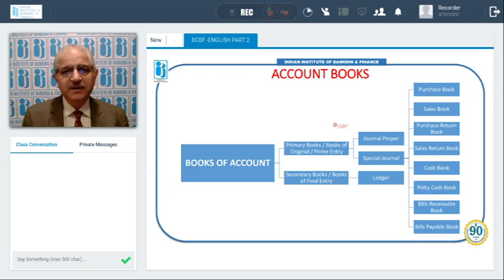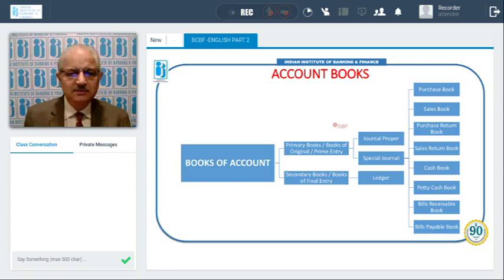Then big businesses might have some small expenses. If you have 200 employees, somebody is claiming conveyance of 20 rupees, 30 rupees, 50 rupees. Somebody would buy some small stationery item for 10 rupees, things like that. So we normally maintain a petty cash book. We deploy one gentleman who is my cashier.